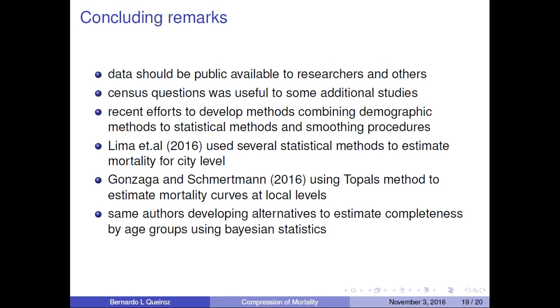And in more recent years, we have some people working on methods to estimate mortality at smaller areas, local level, city level. So with Everton, we used different statistical methods to estimate mortality at the city level. And Marcos Gonzaga with Carl Schmertmann proposed a method to estimate mortality curves at the local level.